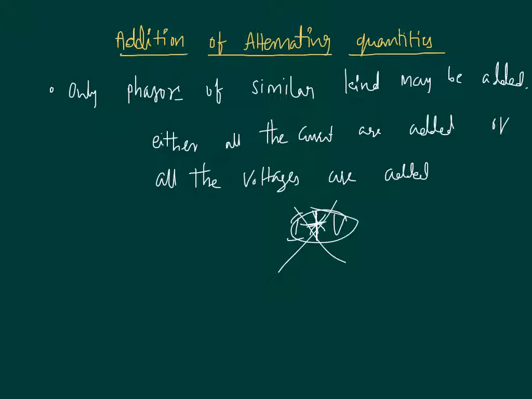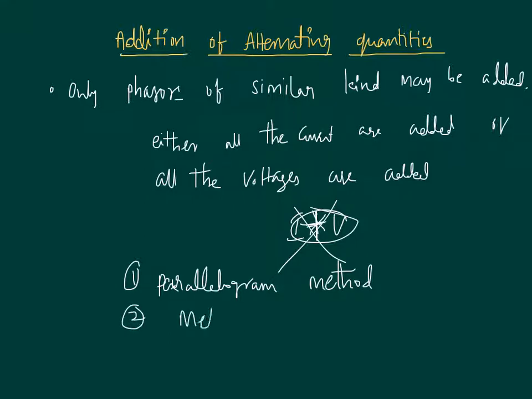Now we have two methods to add the alternating quantities. What are the two methods? The first method is the parallelogram method, and the second method is the method of components.